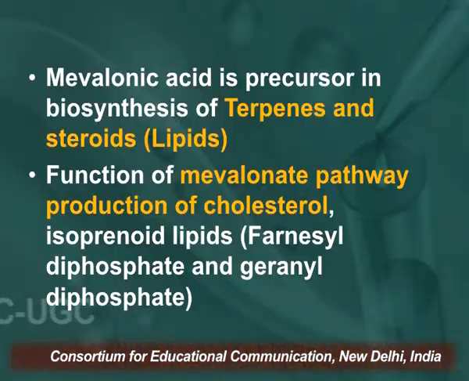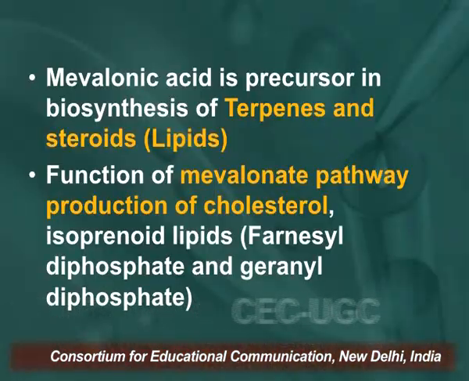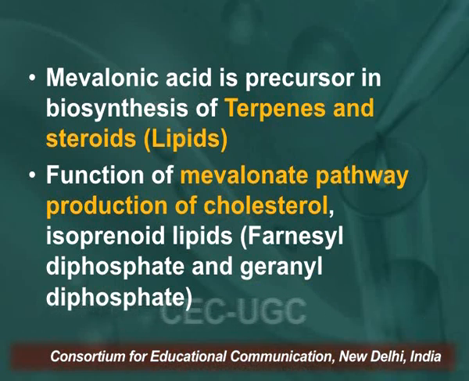Steroids are also soluble in fats only. So the function of the mevalonate pathway is the production of cholesterol. This is a very important pathway for the biosynthesis of cholesterol in our biological process. Here the isoprenoid lipids are farnesyl diphosphate and geranyl diphosphate.